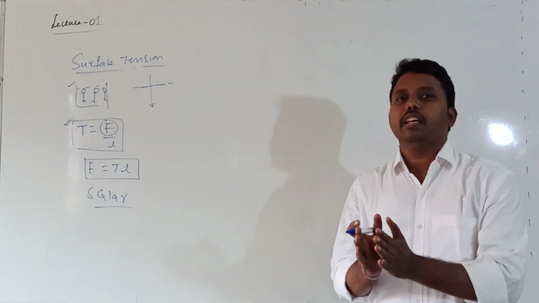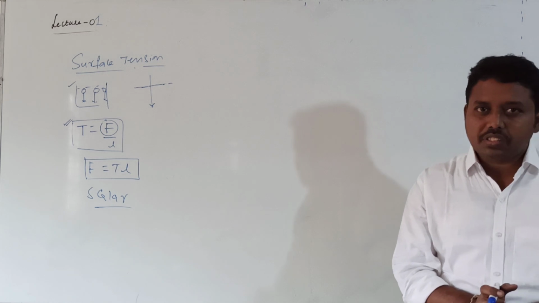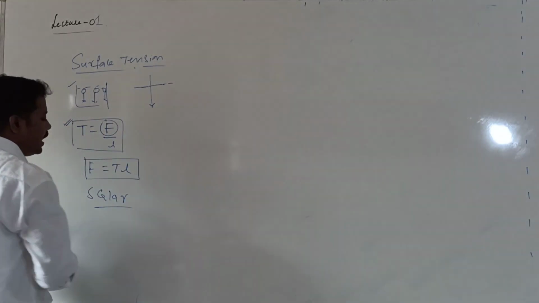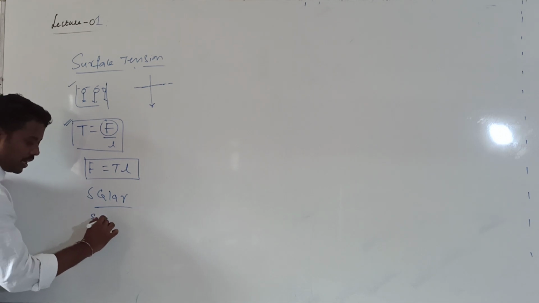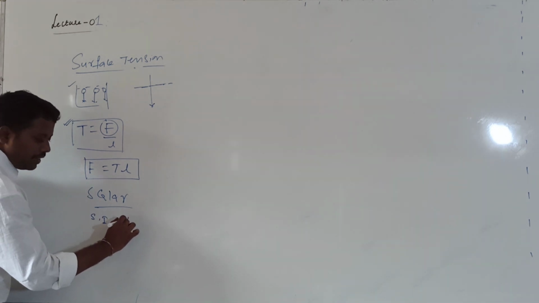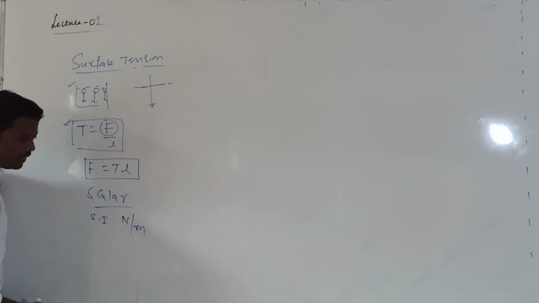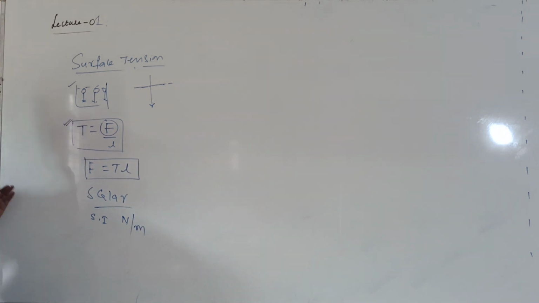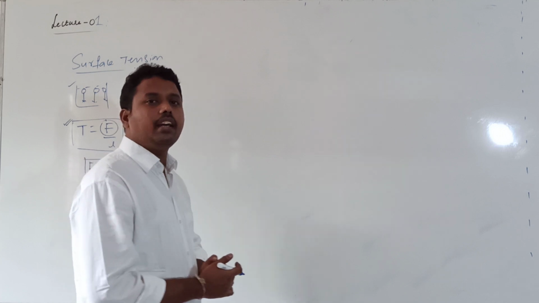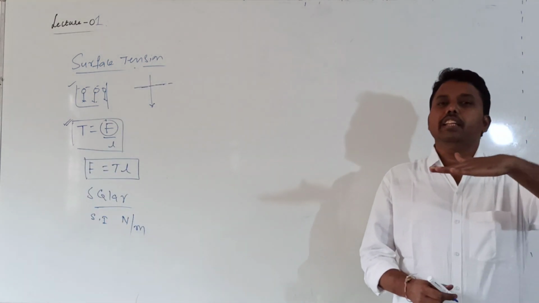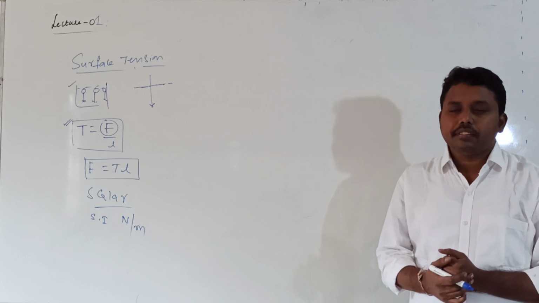Now we are just discussing the definition for surface tension: the force acting per unit length. So surface tension is a scalar quantity. The SI unit of surface tension is given by the SI unit of force, which is Newton, divided by the SI unit of length, which is meter. That is the SI unit of surface tension. Are you getting that? For the free surface of the liquid, there will always be a normal force acting.